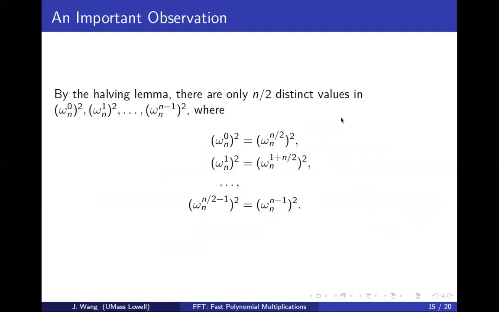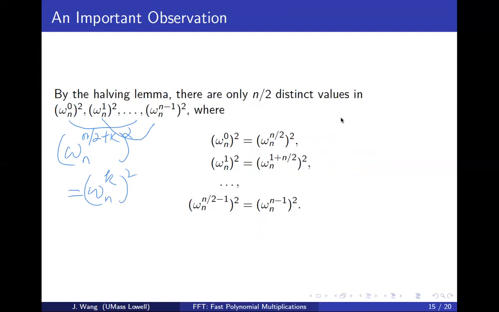So by the halving lemma, we have n over 2 distinct values in this, because when under the square, remember, under the square, n over 2 plus k squared is equal to omega n k squared. So that means this will be equal to something else.